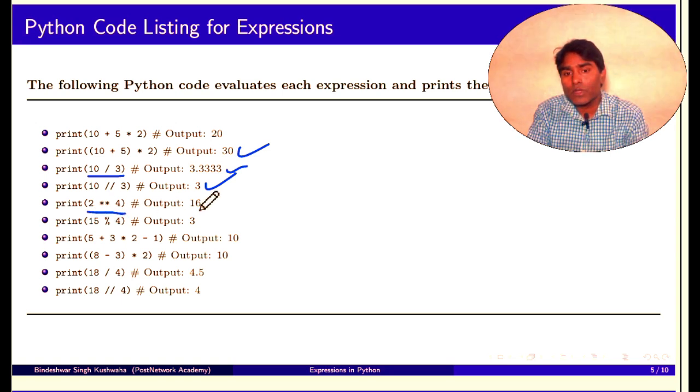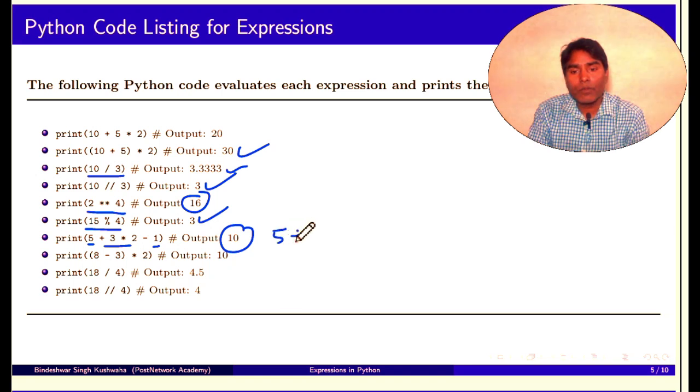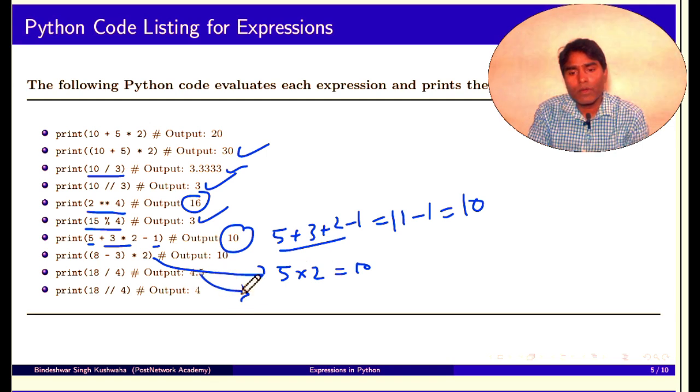Here 2 raised to 4 would be 16. 15 modulus 4, as I told you, the remainder would be 3. Thereafter 5 plus 3 into 2 minus 1 would be 10, because 5 plus 6 is 11, minus 1 is 10. In the same way 8 minus 3 into 2 would be 5 into 2, that is 10. And if you divide 18 by 4, you will get 4.5.